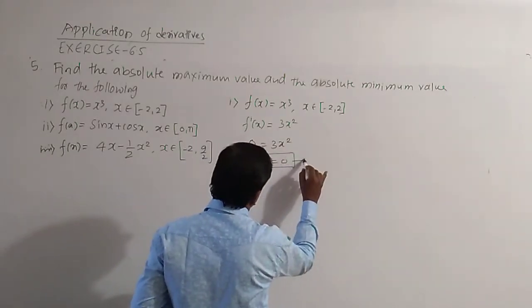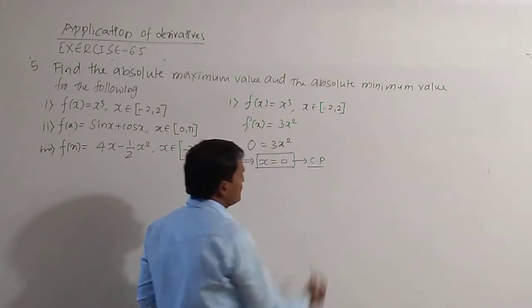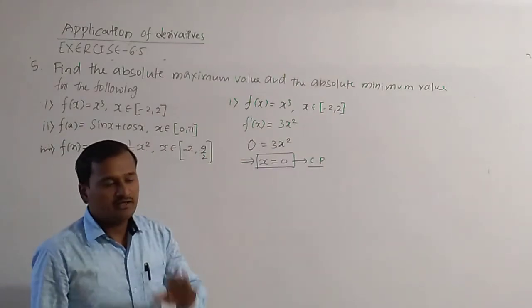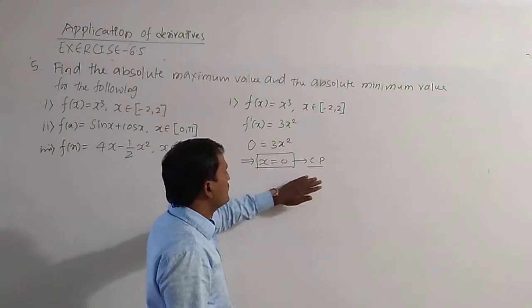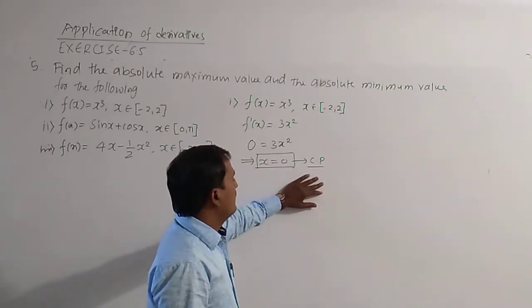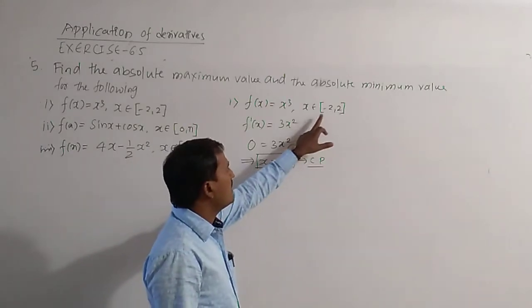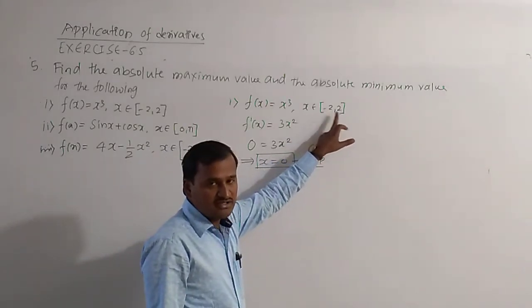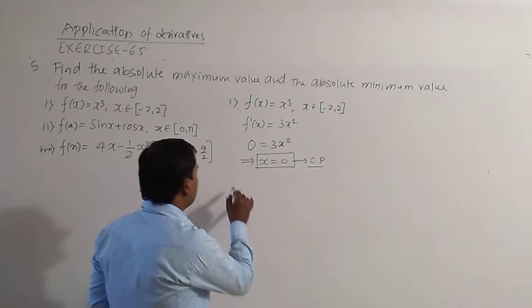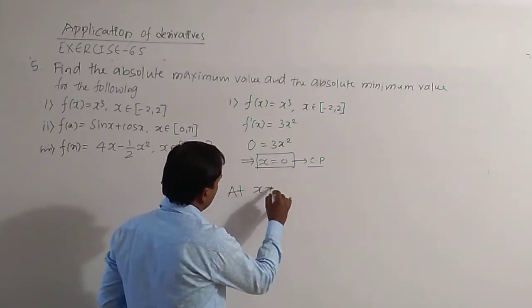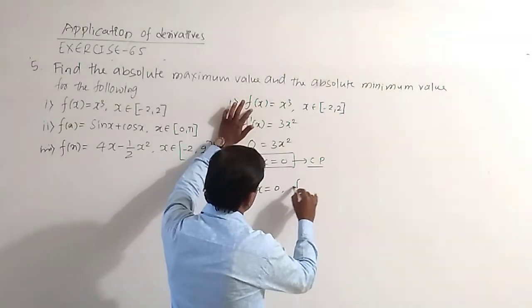So x equal to 0, what does it represent? It represents the critical point. Now we should find the functional values at this critical point and also at the end points. Now I will take x equal to 0. At x equal to 0, what is the functional value?